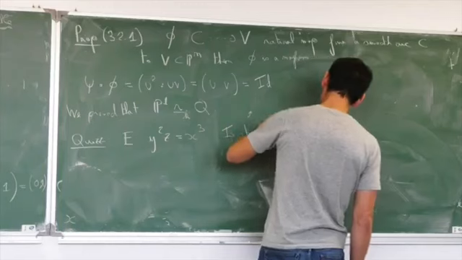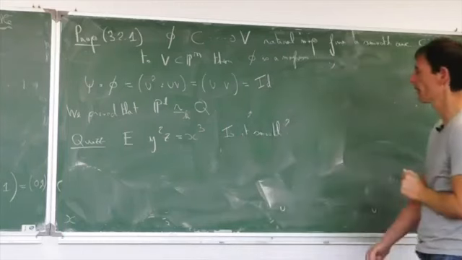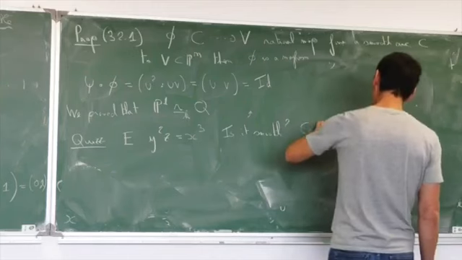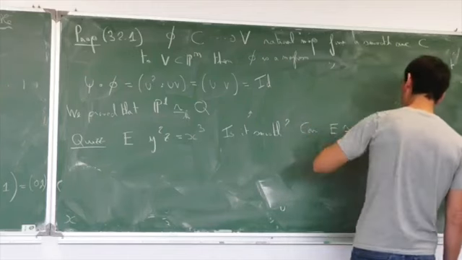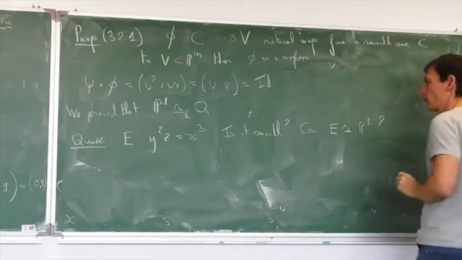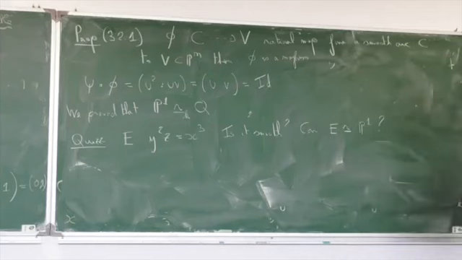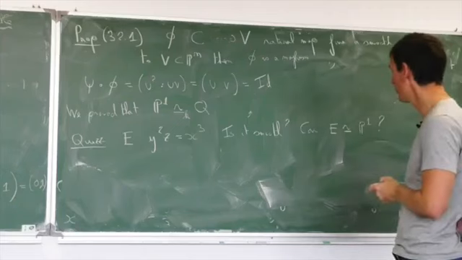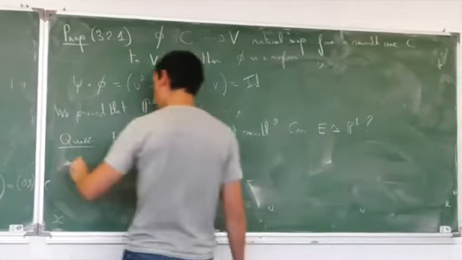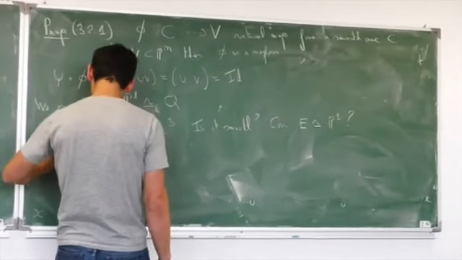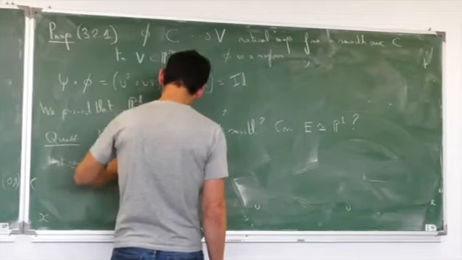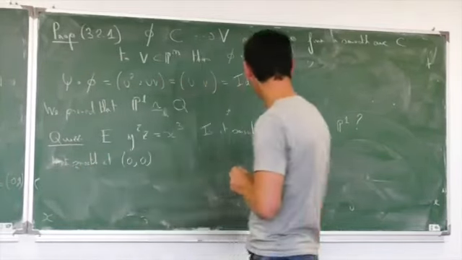And then can E be isomorphic to P1? Well, if you do the math, you will see that it is not smooth at the point at infinity. So not smooth, not smooth at (0, 0).